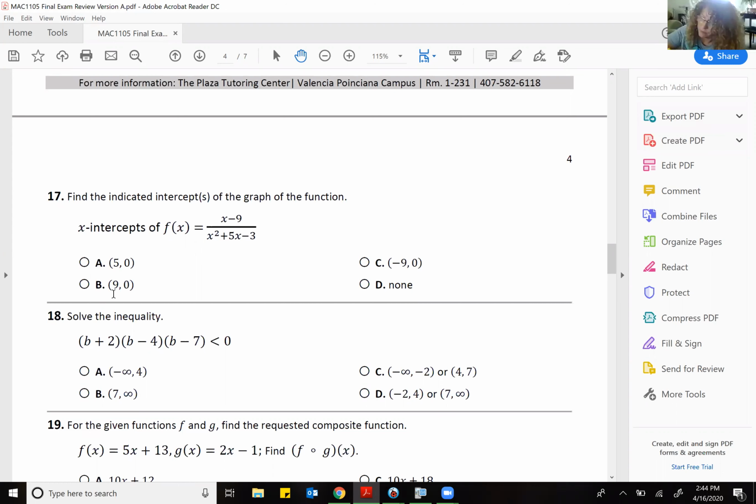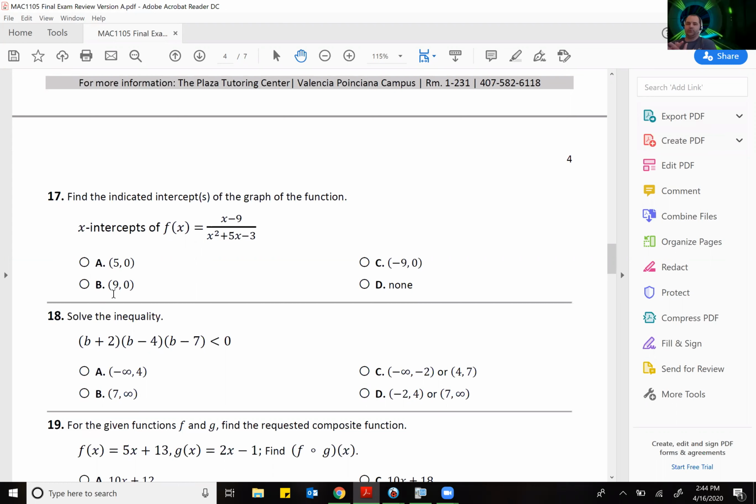18. This one is coming from 5.5. So we want to know the answers to this. Solve the inequality.